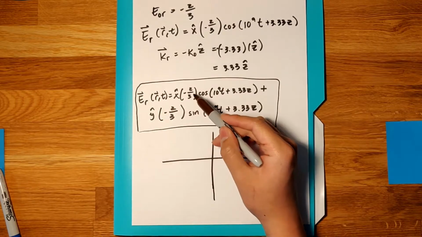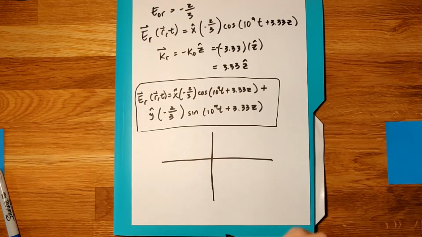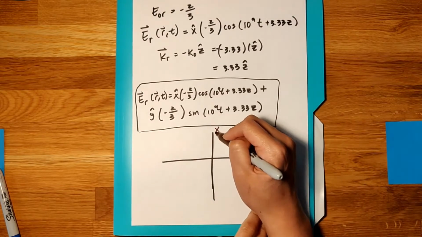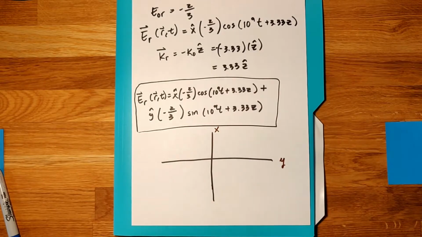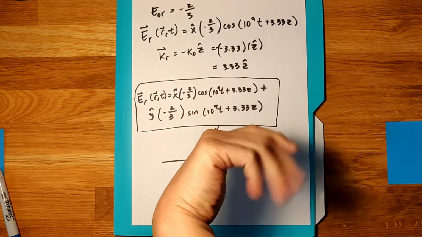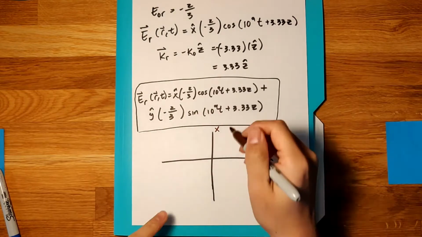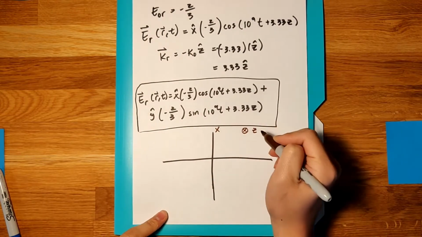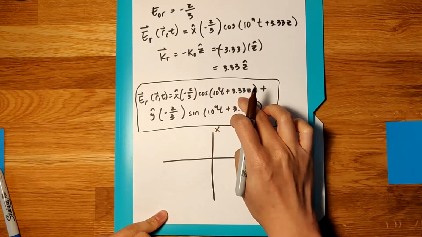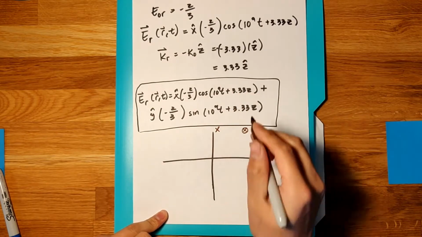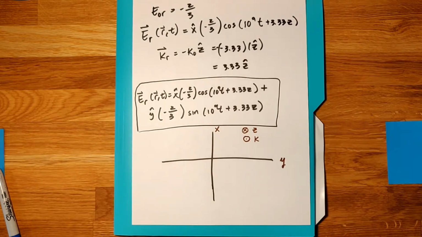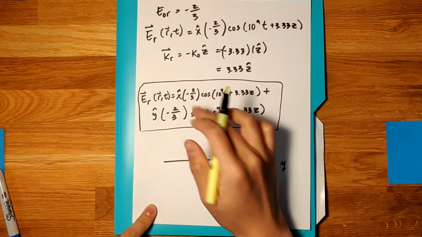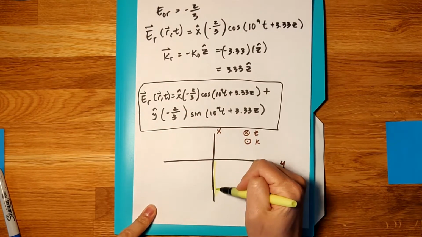Negative coming from the negative 2/3, which came from a magnitude. So if I call this the x, y, then z will be going into the paper. That means k, which is on the negative z, will be coming out.